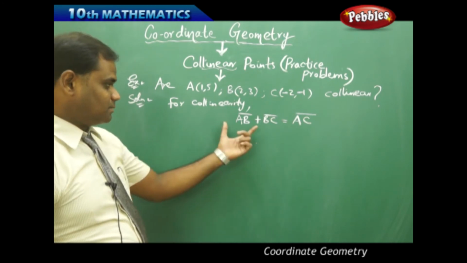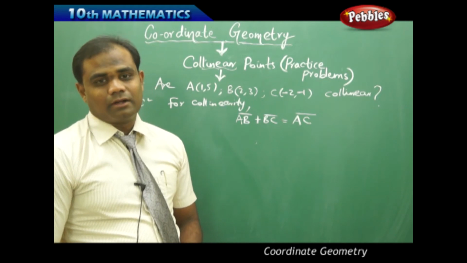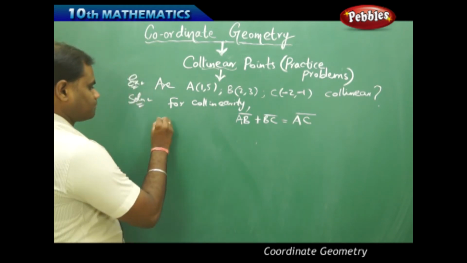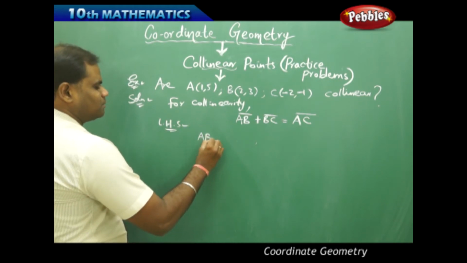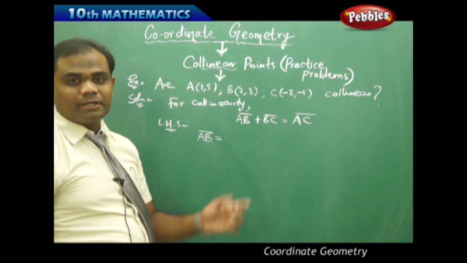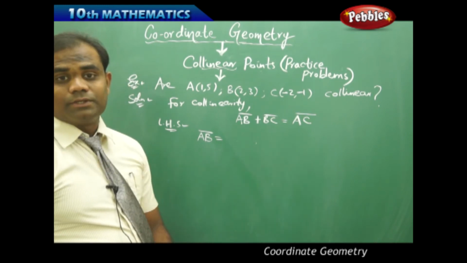Therefore, let's simplify the left hand side and the right hand side and see if both are equal. Coming to the left hand side, I have AB plus BC. Initially, let me calculate AB and then BC individually.